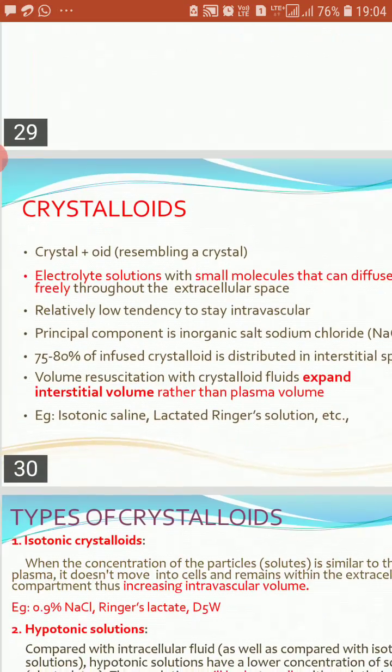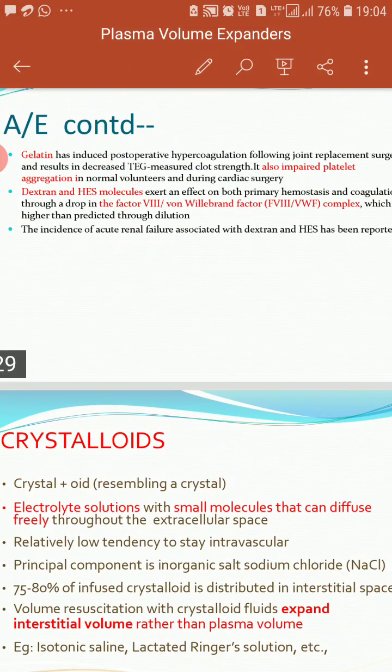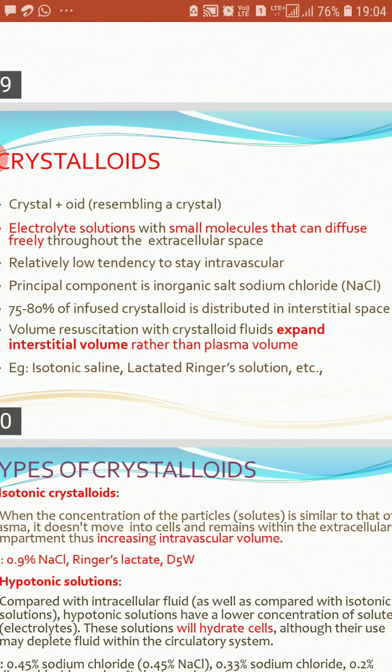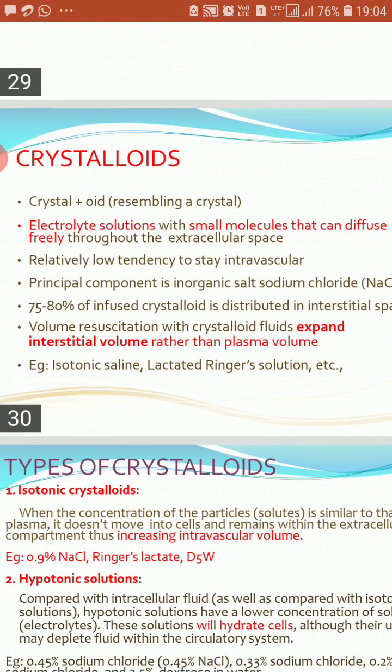Now we come to the next part. Next part is crystalloids. Crystal means resembling a crystal. They are small in size. They are electrolytes, basically sodium, water, ions, minerals, and small molecules which can diffuse freely.